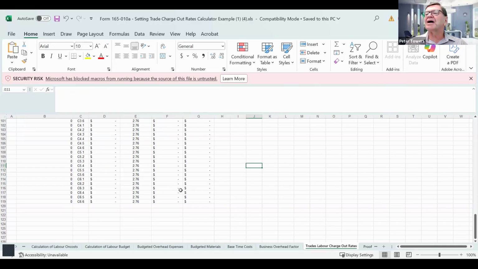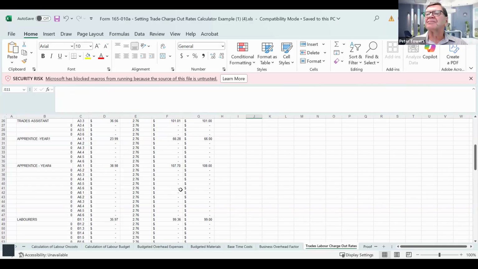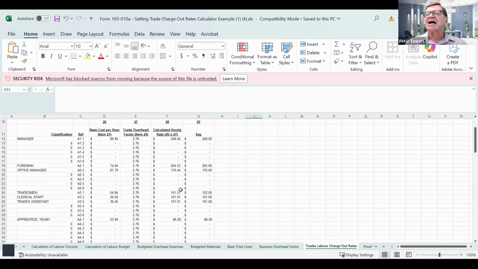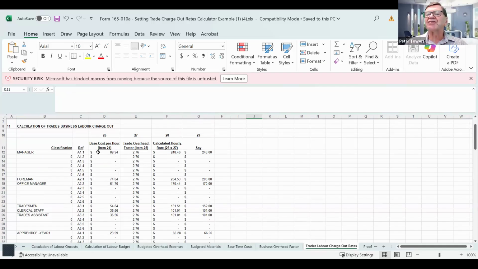The system will then go through and it does all this automatically, and again puts those base cost per hour figures in against the various categories from that started off in the labour on cost calculation. It puts in the trade overhead factor figure and multiplies out to determine a charge out rate per hour. Now we've then rounded it to the closest dollar.